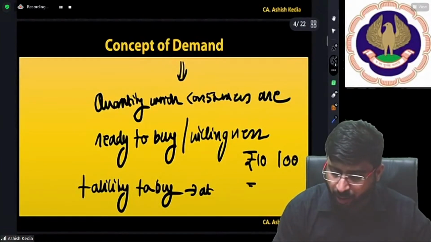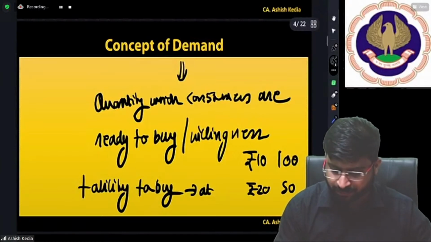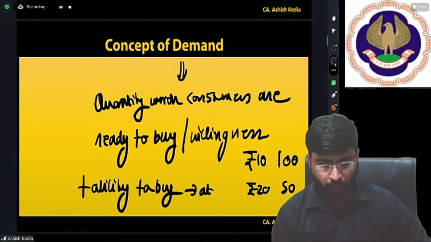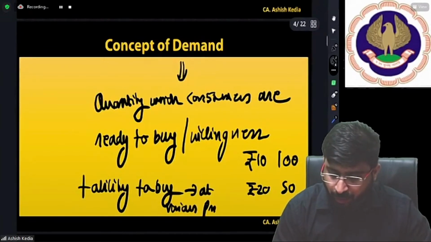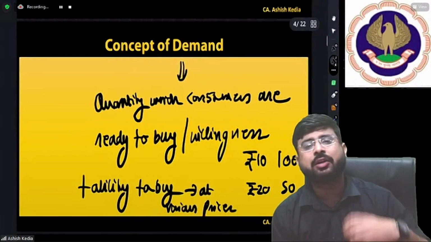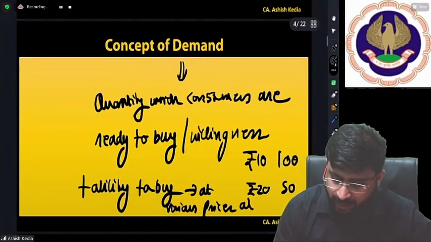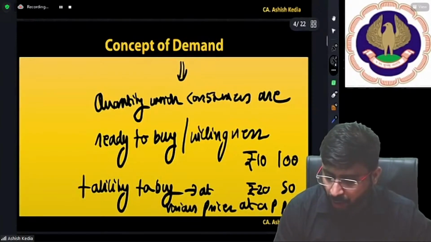If price is, let's say, rupees 20, I'll consume 50 units, so on and so forth. So at various prices at a particular point of time, because whenever we talk about demand, we talk about a point of time.